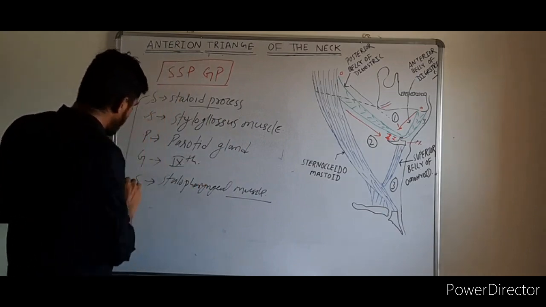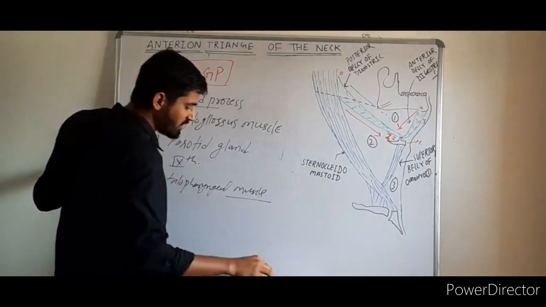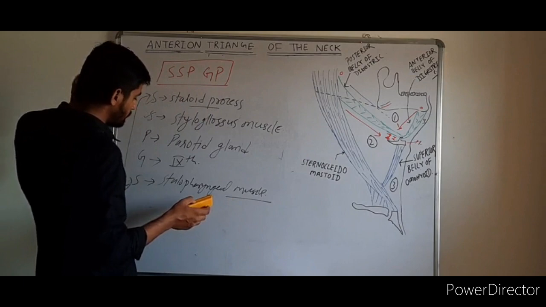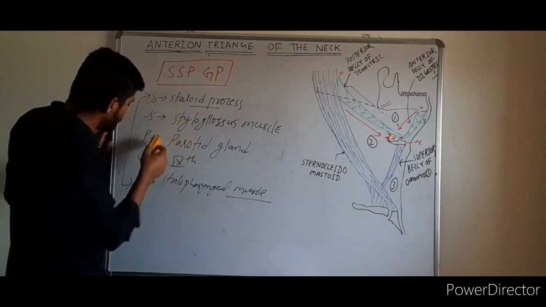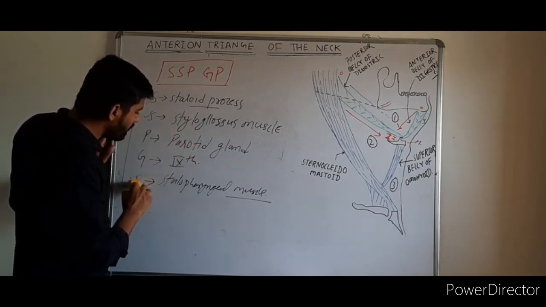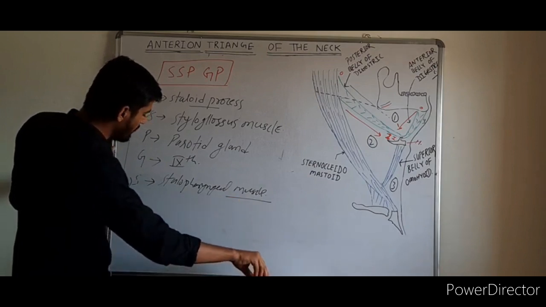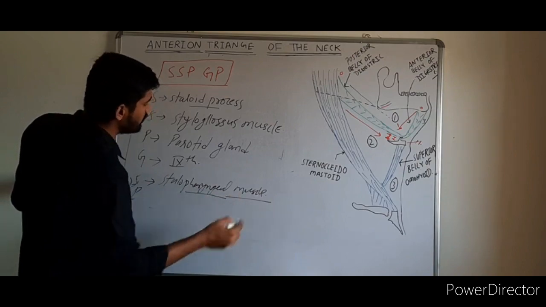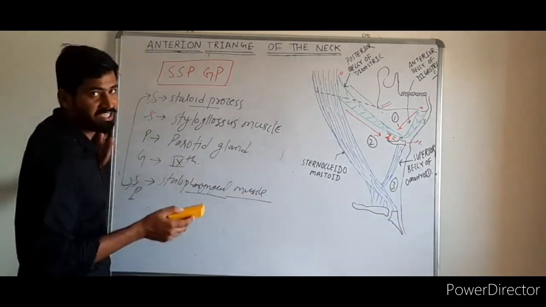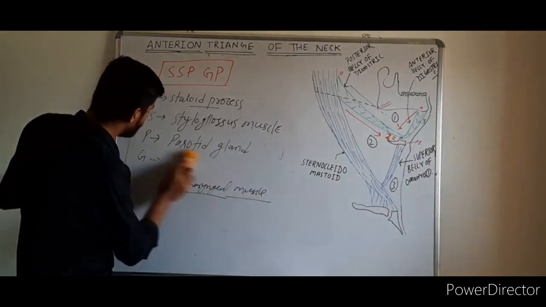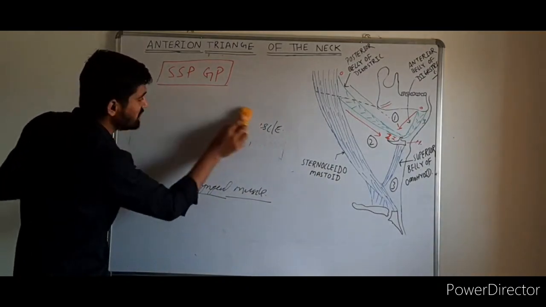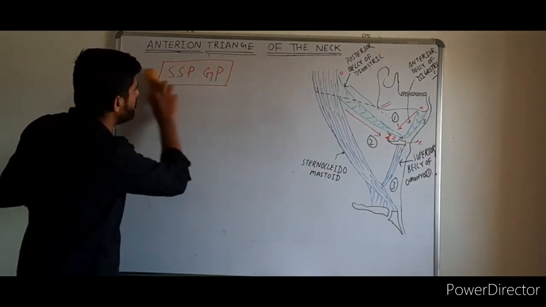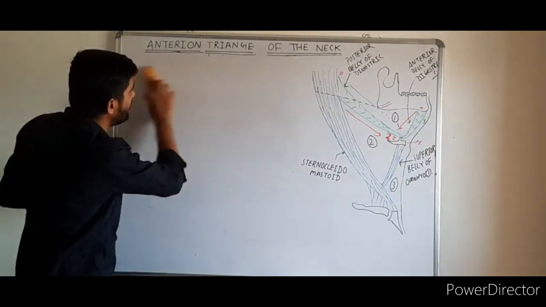So these are the structures between the internal and external carotid artery. SSP, Gujarat Police. P means pharyngeal muscles. So these are the structures present between the internal and external carotid artery. That's all. Now, this structure you have to remember. The examiner can ask which one of the following is the structure present between the external and internal carotid artery.